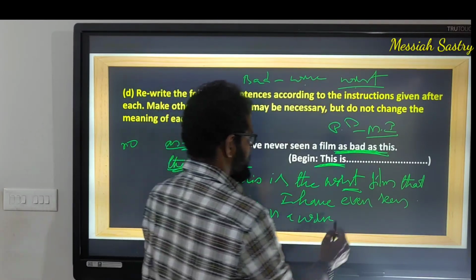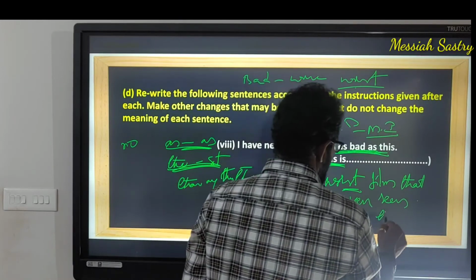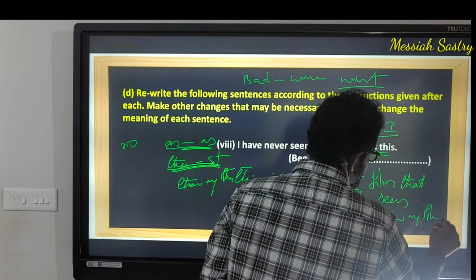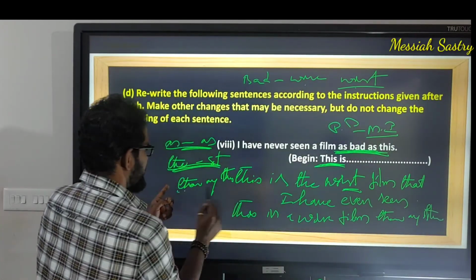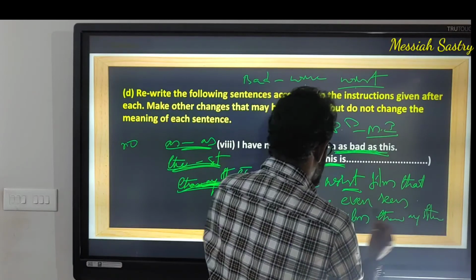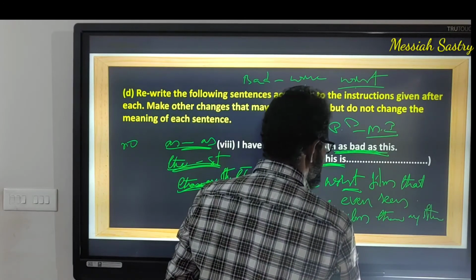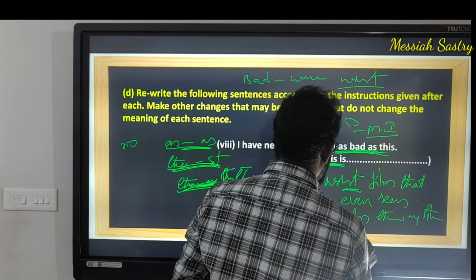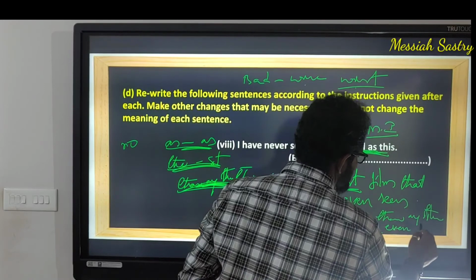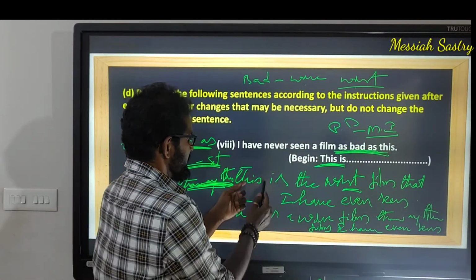This is a worse film than any other. So we write than any other. In comparative, we write than any other film than any other films I have ever seen.